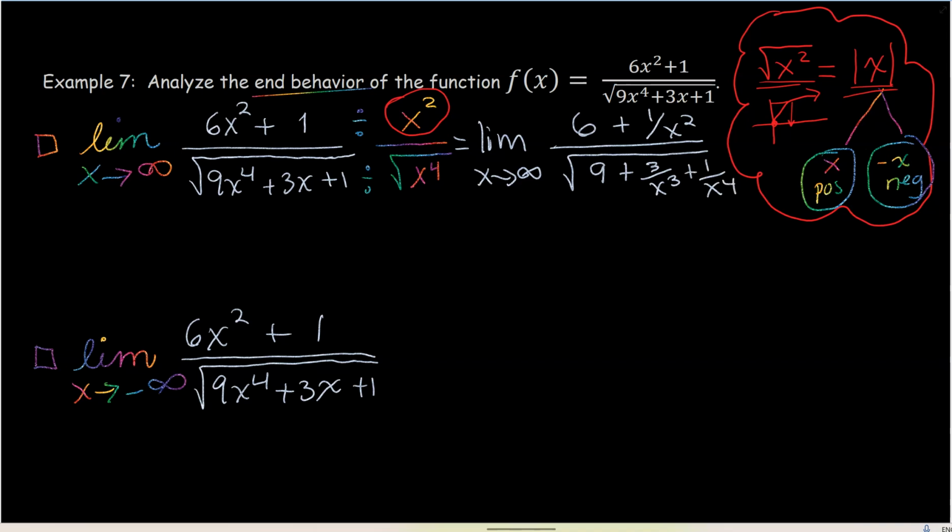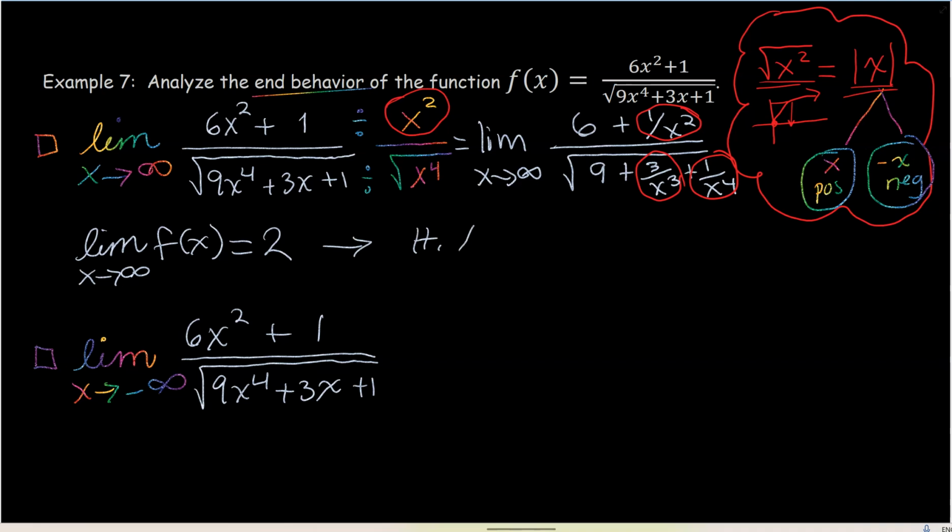These will go to 0 as x goes to infinity. So you really have 6 divided by the square root of 9, which is 3. 6 divided by 3 is 2. So the limit as x goes to infinity of f of x is 2. And that is the end behavior of the function to the right. In other words, we would say that there is a horizontal asymptote at y equals 2.